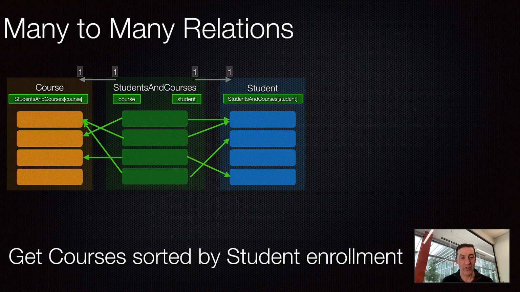In order to count how many students are there, we don't really need to go all the way to the student table, because if we take a look here, the number of students that are enrolled in the course really is the number of these pointers coming into course. So what we need to do is to count how many objects are in that intermediate table that are pointing to each and every course. And that's where we use the count function.